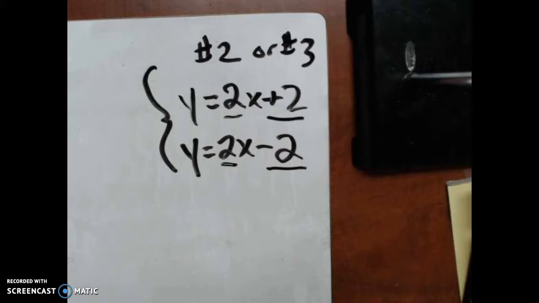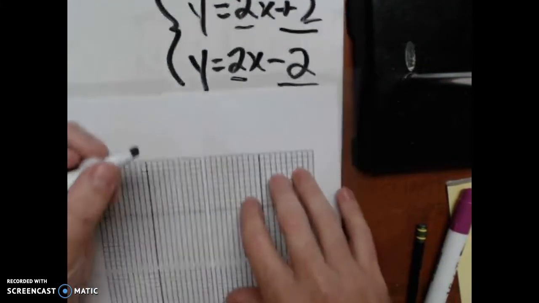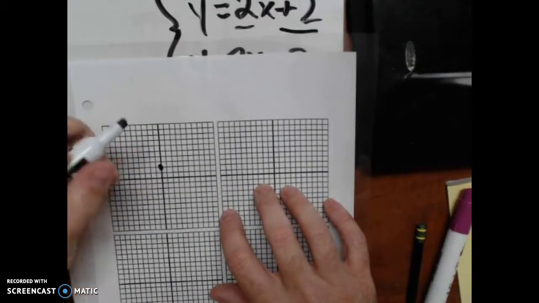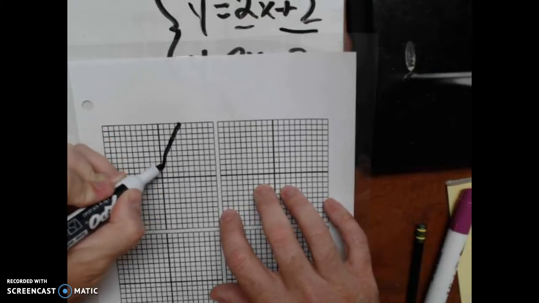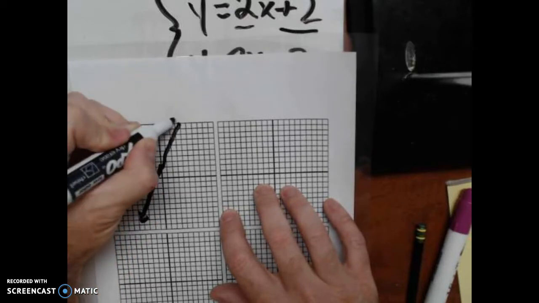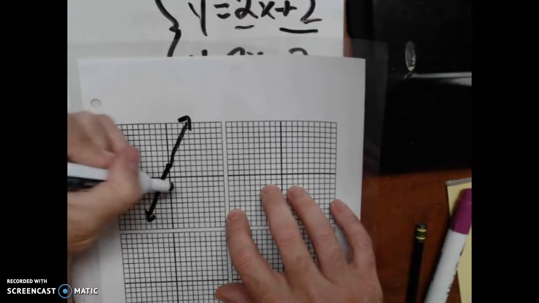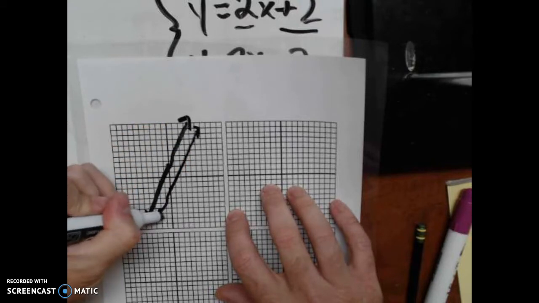The intercept. So if we were going to graph these, we've got both of them at the same slope, 2x plus 2. That would cross here, more or less like that, and 2x minus 2 crosses right here. Oh, don't you love that sound?